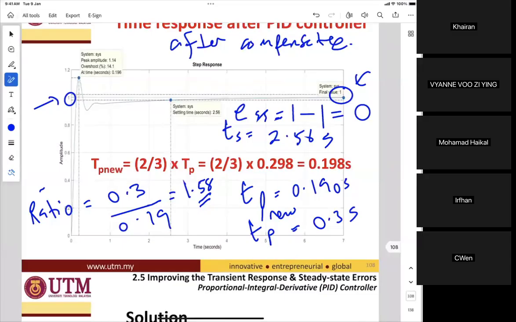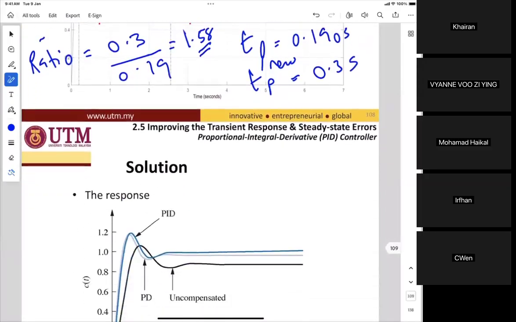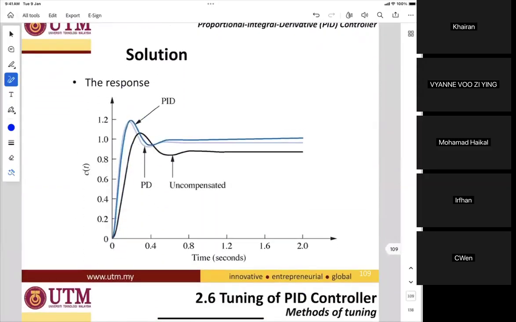But you can see that the peak time has been reduced from 0.3 to 0.2. So this is the comparison, three graphs in one. The first graph is the uncompensated, before the PID controller design.